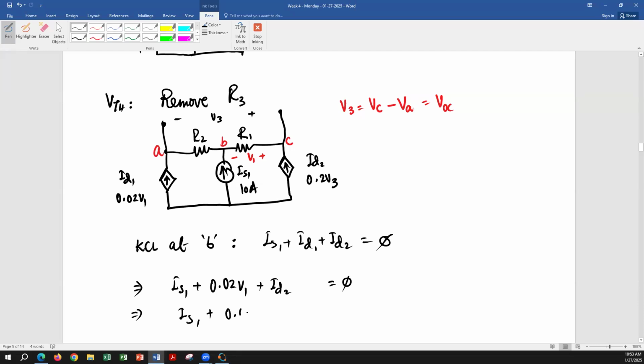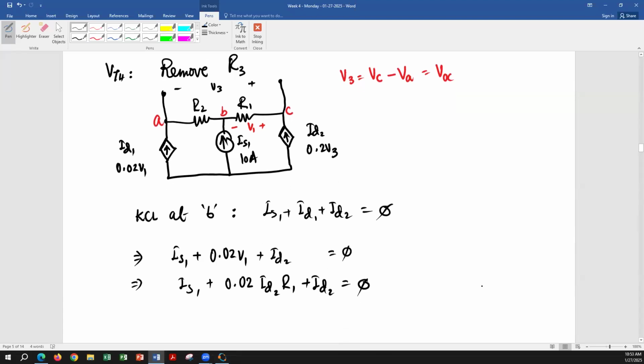So 0.02 times ID2 times R1 plus ID2 equals. How about this? Make sense? Because again, if we use the nodes and all those things, then we will have more unknowns and fewer equations. So let's solve for ID2 first.